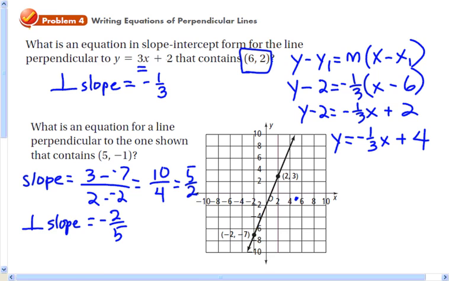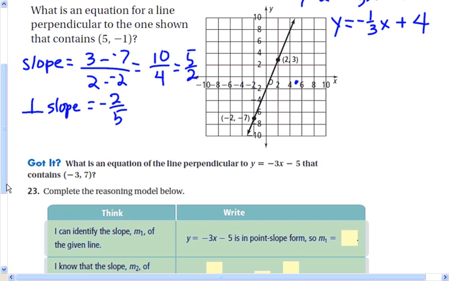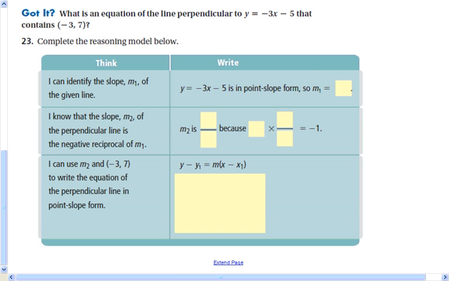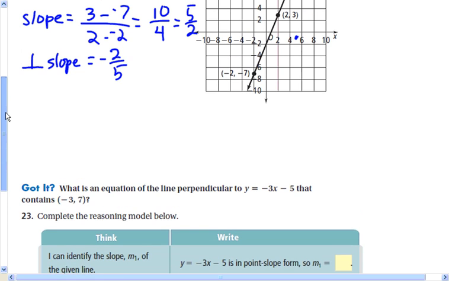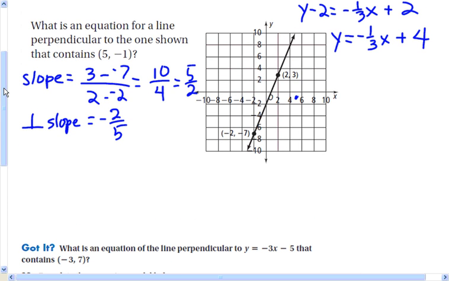Then I'm going to substitute the values that I have in. This one just says what is an equation, so I'm going to use the point-slope form. That seems easiest here. Substitute my values in.